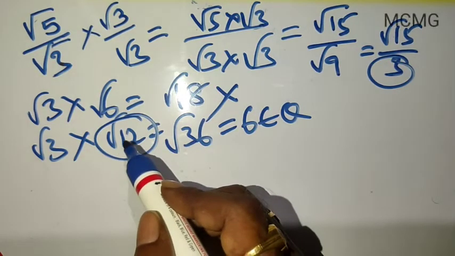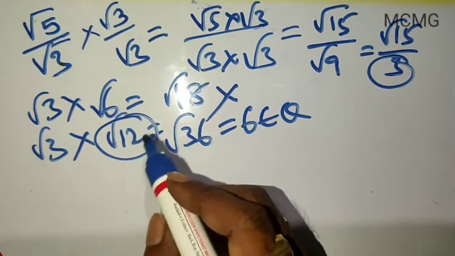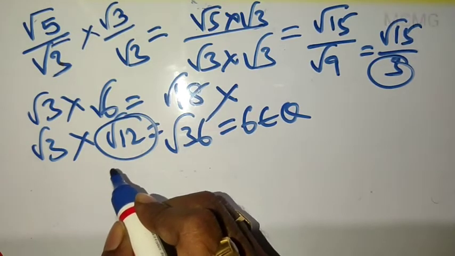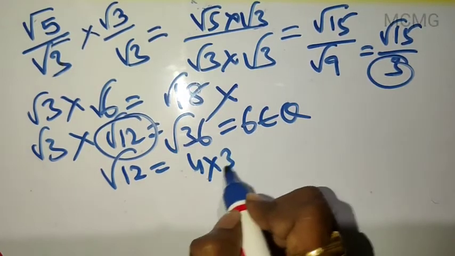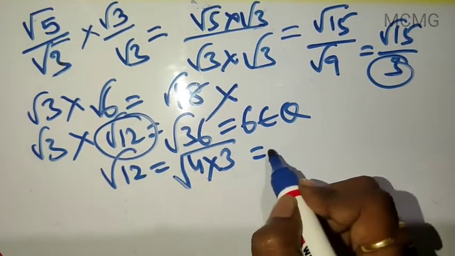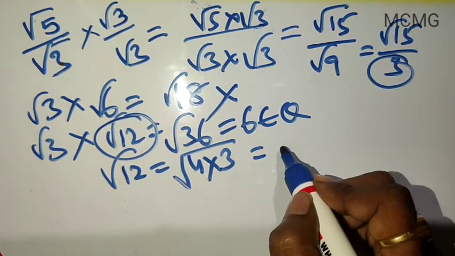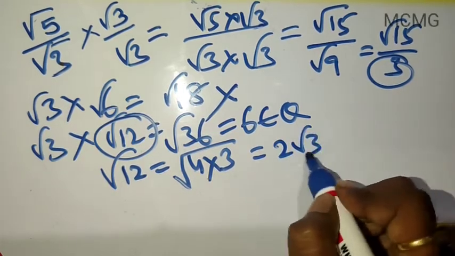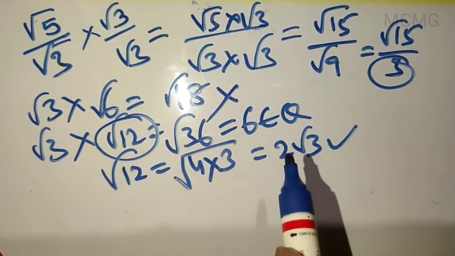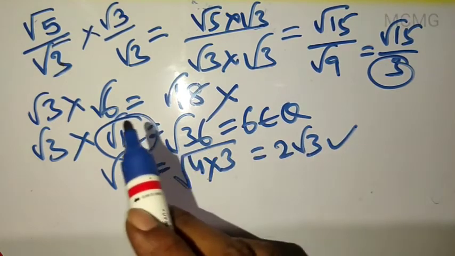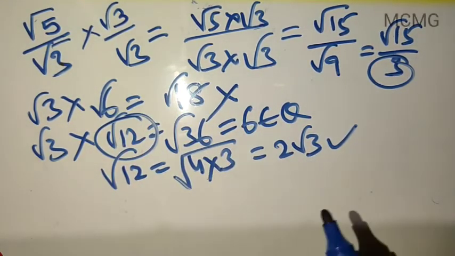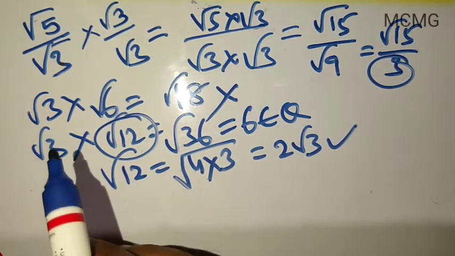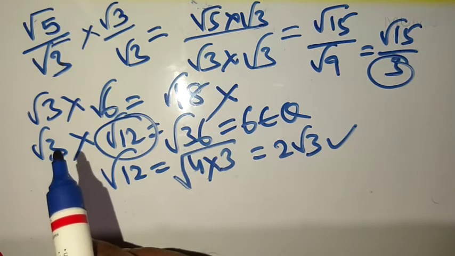Can you simplify root 12? Can you write it in simplest form? See, 4 3s are 12. Root 12 can be written as root of 4 into 3, that is equal to the square root of 4, value 2, into root 3. Now see, is it a multiple of root 3 or not? Yes. So root 3, 2 root 3, 3 root 3, 4 root 3, these all become RFs of root 3.